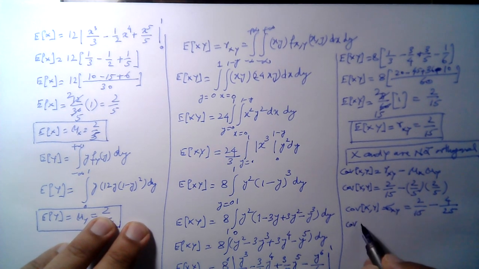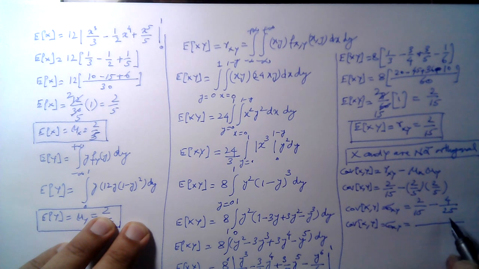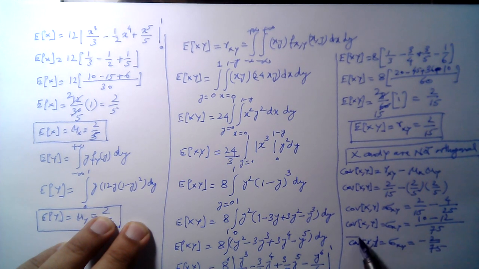So the covariance of x comma y, sigma xy, let's take the LCM, which is 75. This is 5 into 2, 10, minus 3 into 4, 12. So the covariance of x comma y is minus 2 over 75.